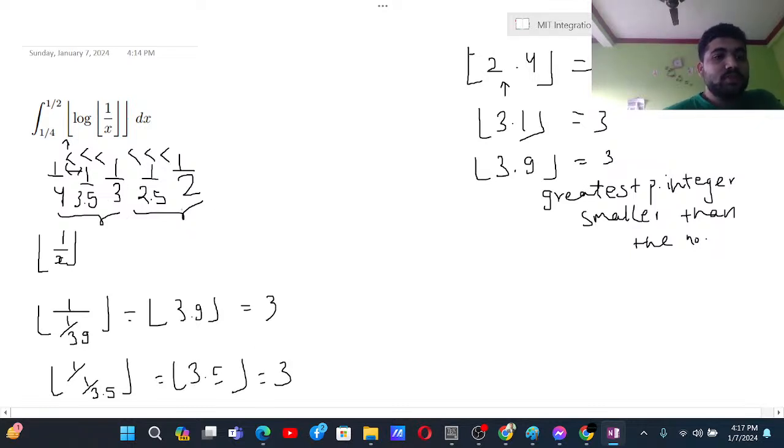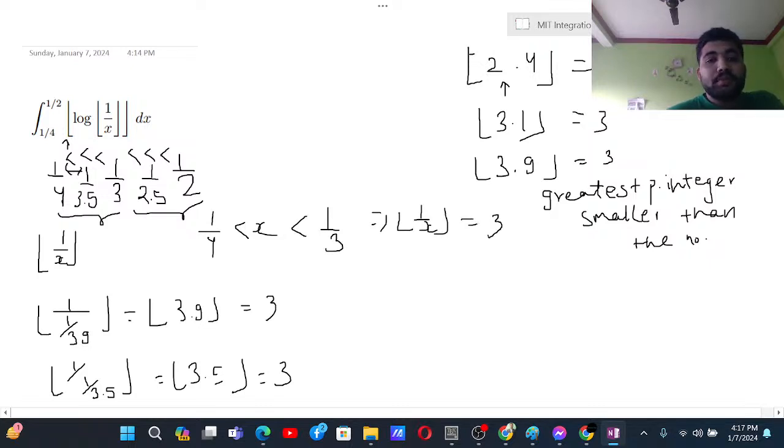So for every number from 1 by 4 to 1 by 3, GIF of 1 by x will just be 3. And similarly, from 1 by 3 to 1 by 2, GIF of 1 by x will just be 2. So that's the actual hint for this problem.